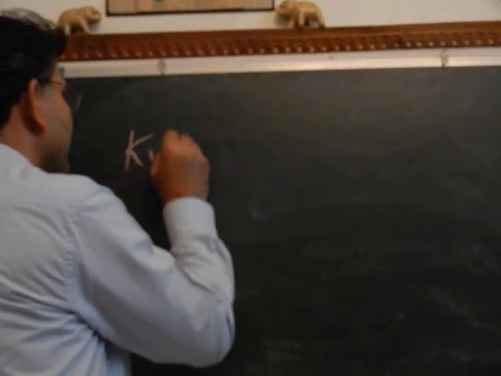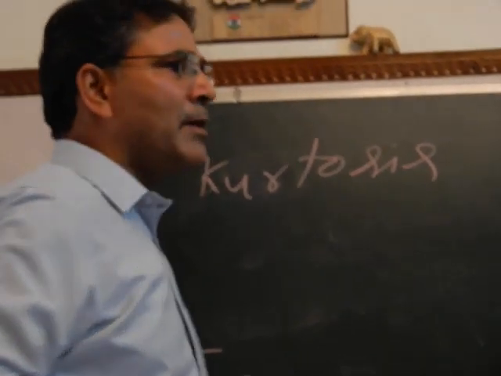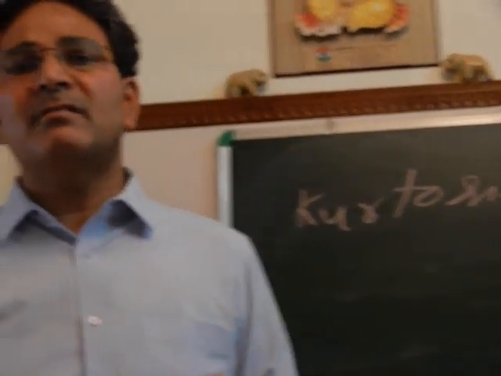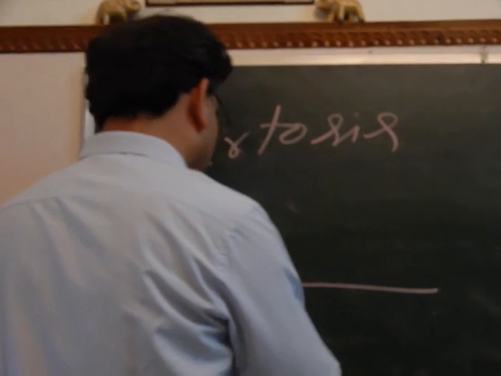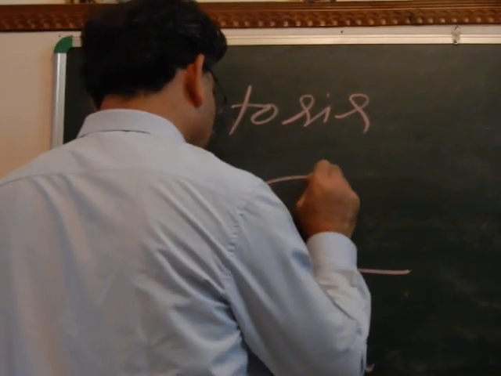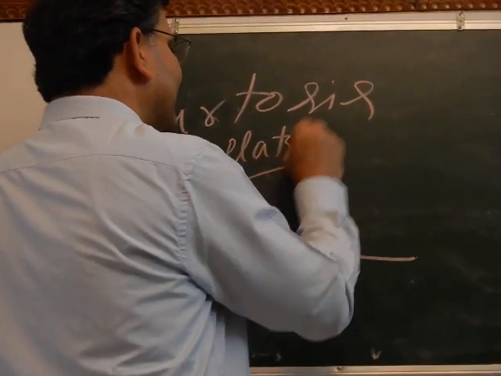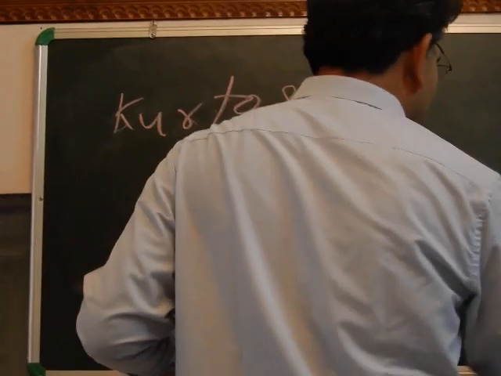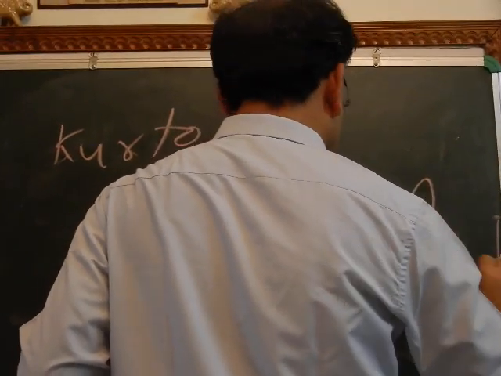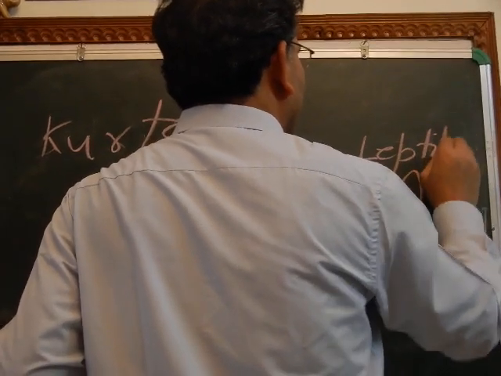Then the fourth one is kurtosis. Kurtosis explains the thickness of the curve. If it is like this, then this is known as platykurtic. And if the graph is like this, it is known as leptokurtic.